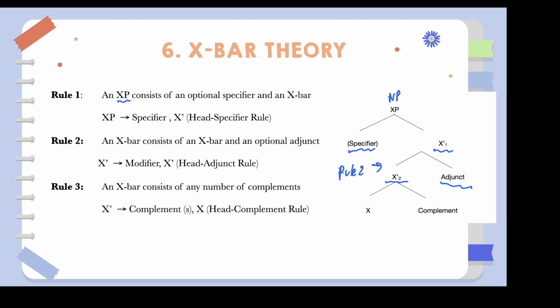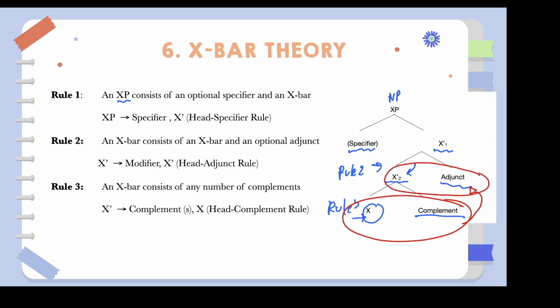And in rule number 3, under the X-bar here, it consists of X and the complement. It's arranged in this order: the smallest, we have X, which can be a noun, and the complement; the bigger construction, we have X-bar and adjunct; and the biggest construction, we have the specifier and X-bar.